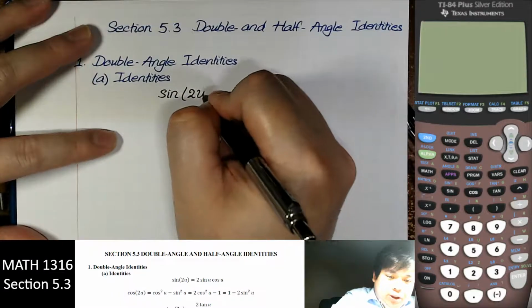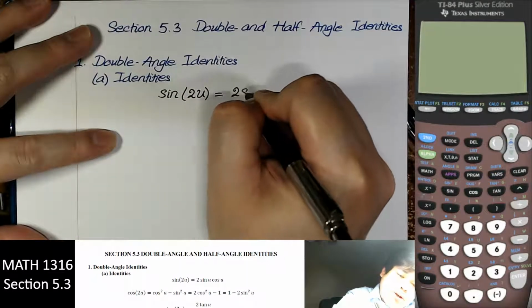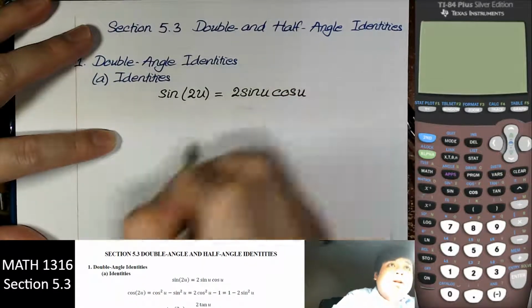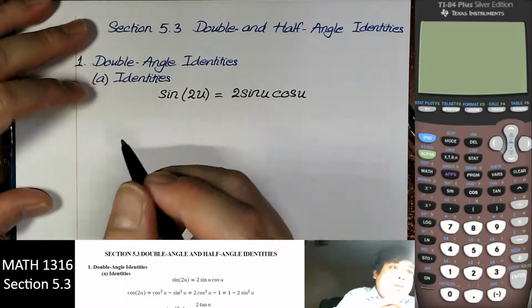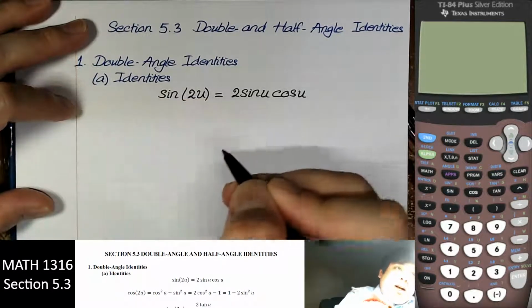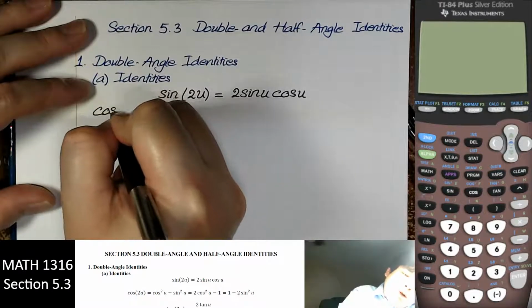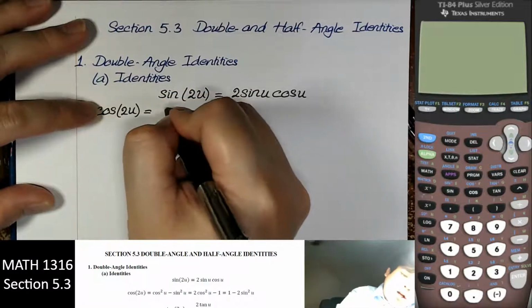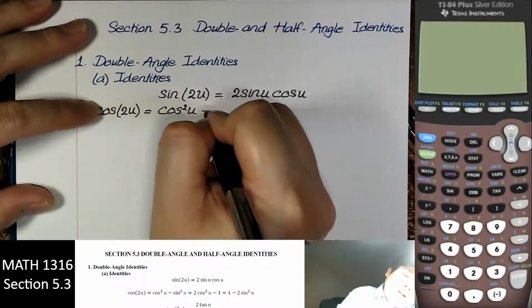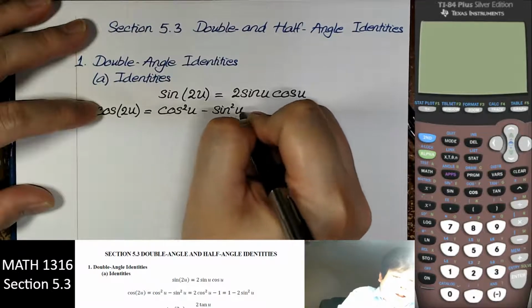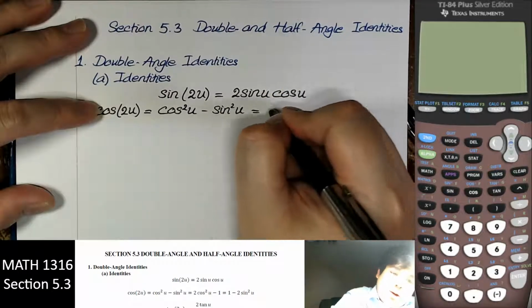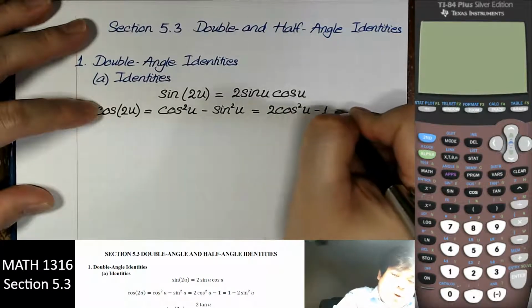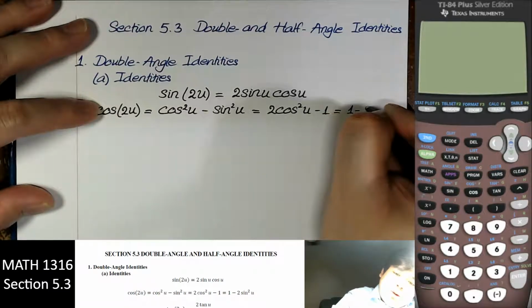Sine of 2u is equal to 2 times sine of u cosine of u. Next, this is a long one. Cosine of 2u is cosine square minus sine square, equal to cosine square minus 1, or 1 minus 2 sine square.